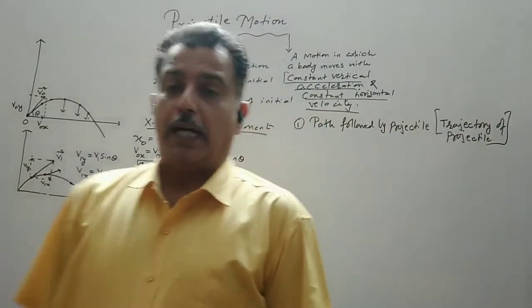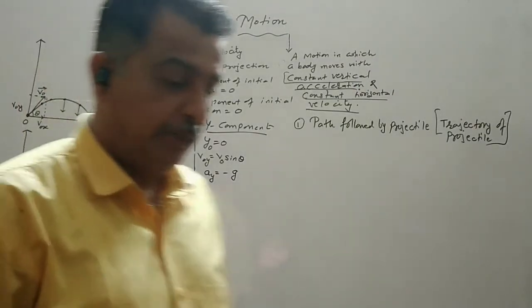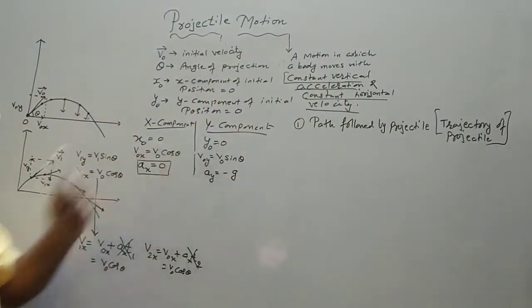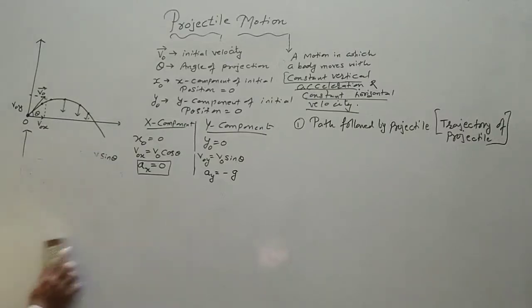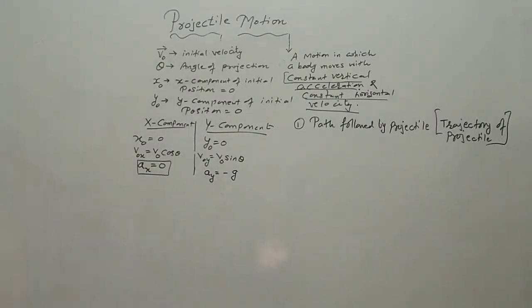It means, first thing is, as the body performs a projectile motion, its x and y position will keep on changing. The initial position is 0 because the body is projected from the origin.